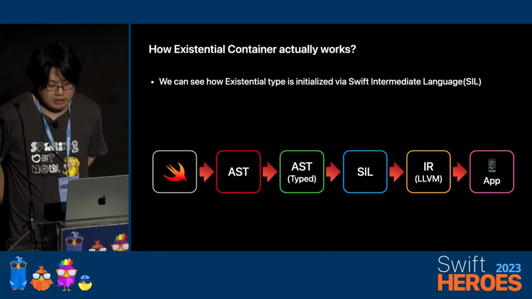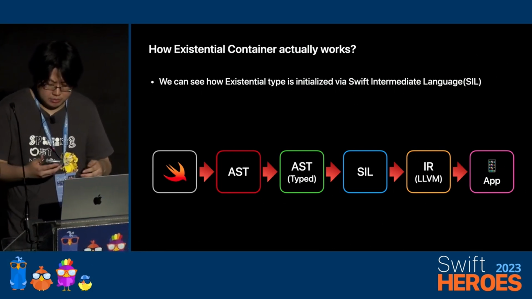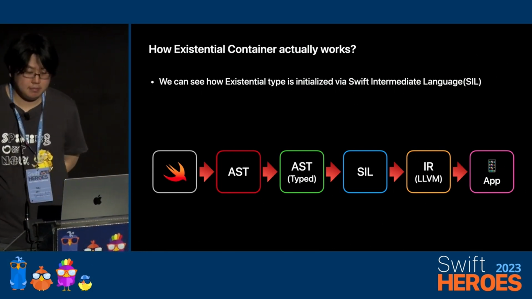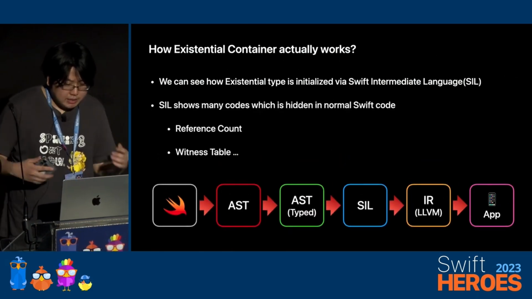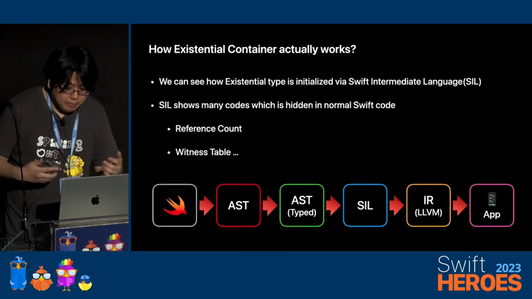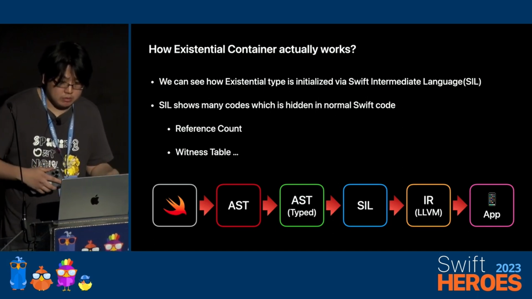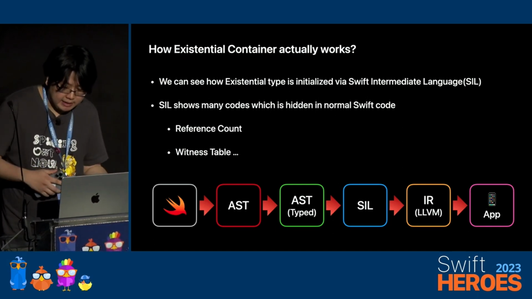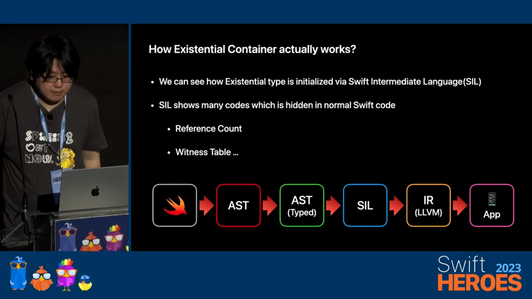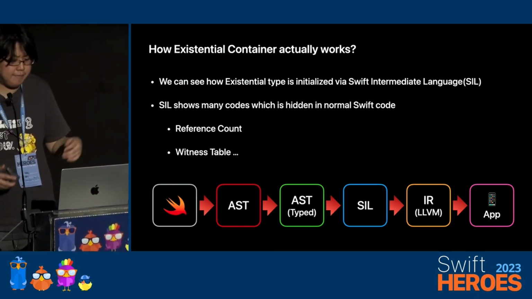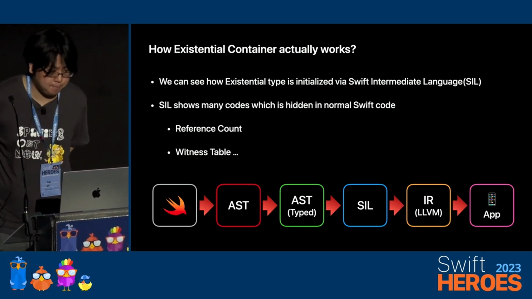The code is mainly used for optimizing our Swift code. The intermediate language code explains with a lot of information hidden from normal Swift code, like reference count and more. And we can see how existential type works from the intermediate code.